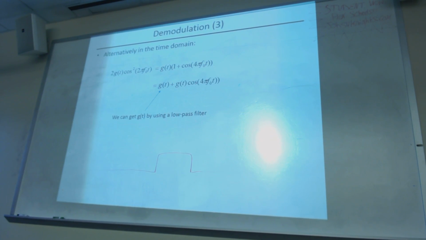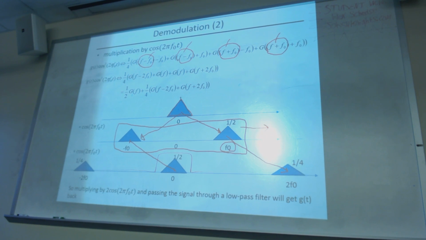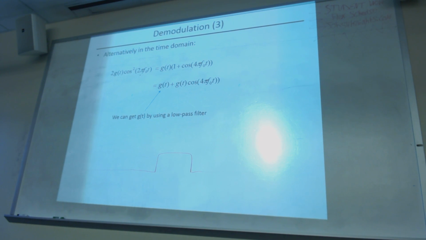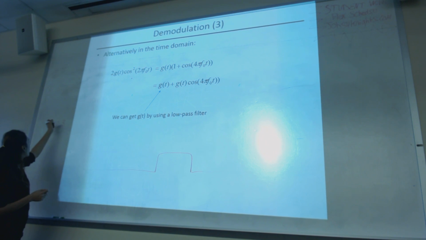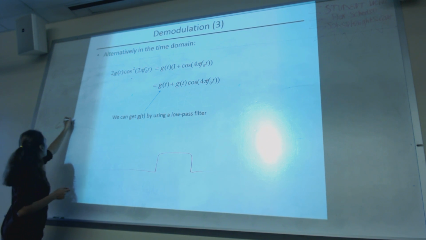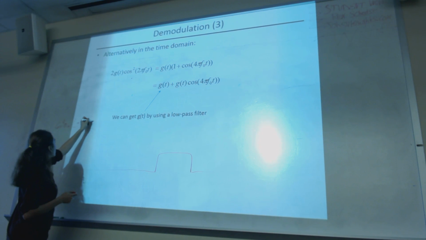So this was the analysis in the frequency domain, but even in the time domain you can do that. Originally I had g(t), and then I multiplied by twice cosine. So I have cosine squared, and now use a very simple formula: cosine squared in terms of cosine of twice the angle.